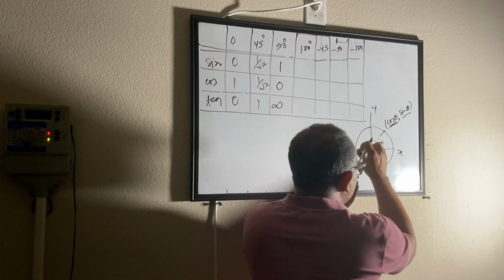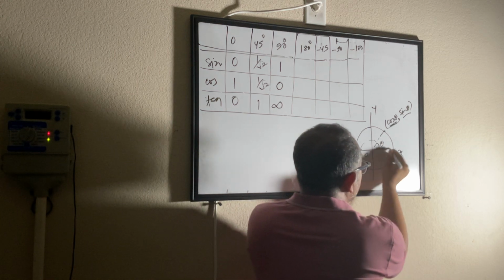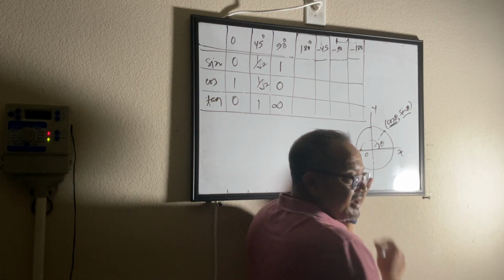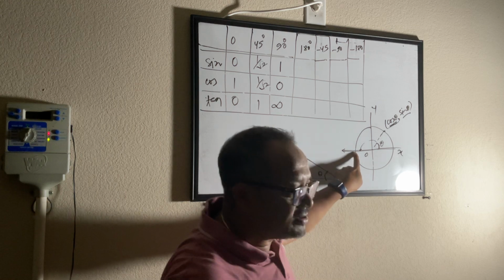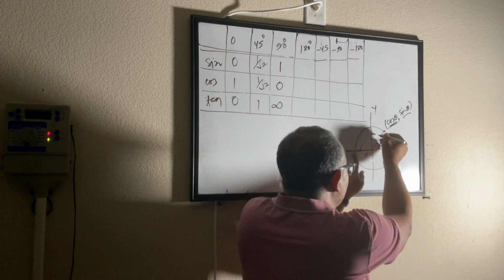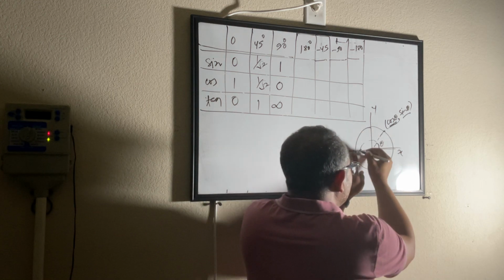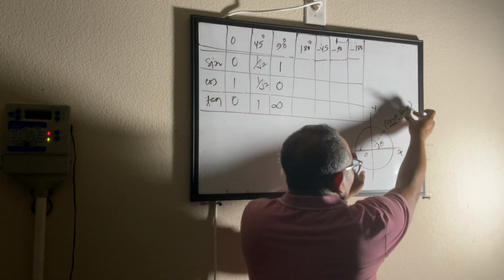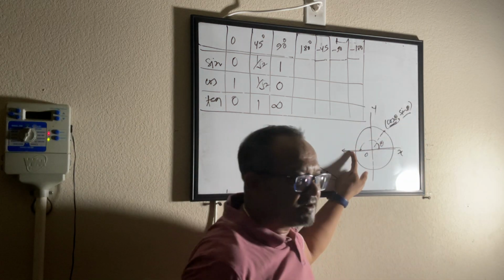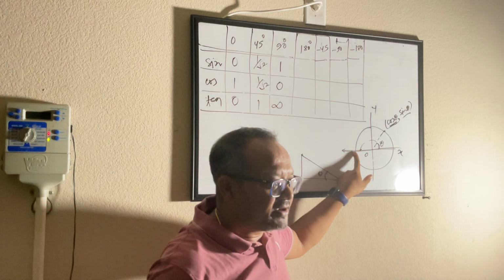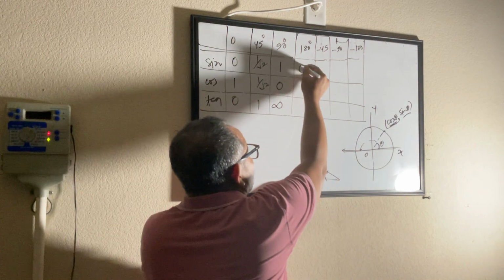Literally 0, because it is falling on the x axis, right? So that will be 0. So when you are talking about sine 180 degree, you are simply talking about the y coordinate at that point, which is nothing but 0. See, without doing anything, you got it.